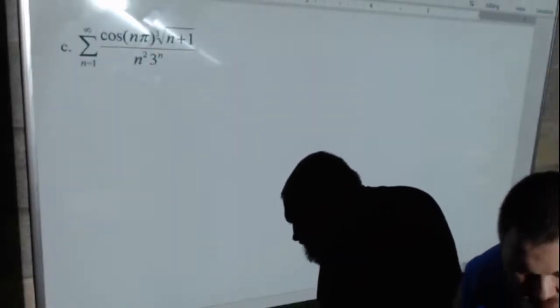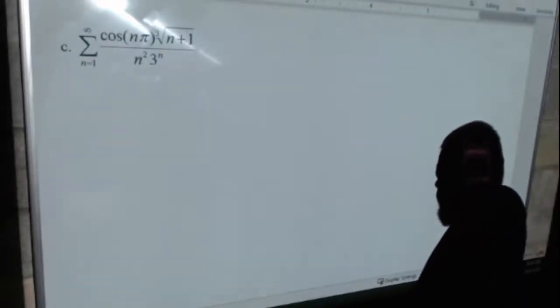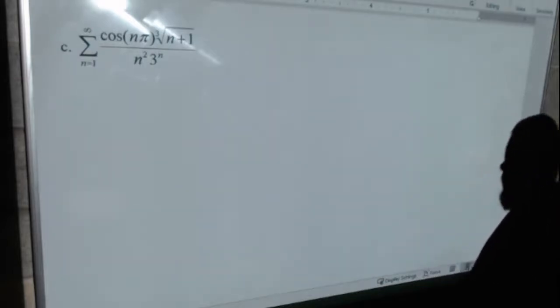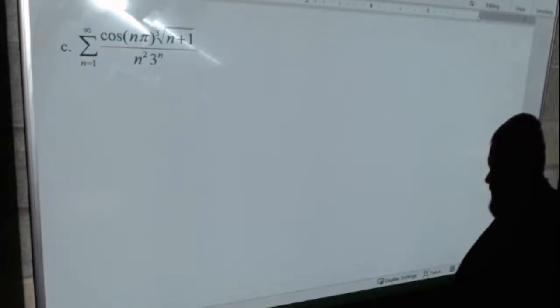So that's cosine n pi and then the third root of n plus 1. So, what kind of series are we looking at here? Yes, it is the third root. Right, this is an alternating series. Good.